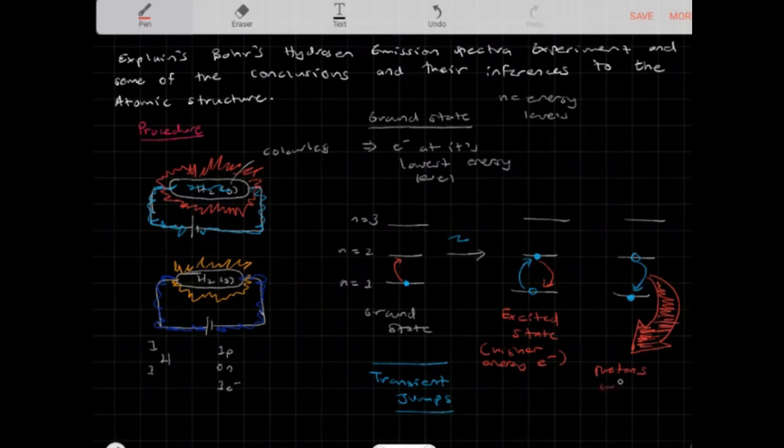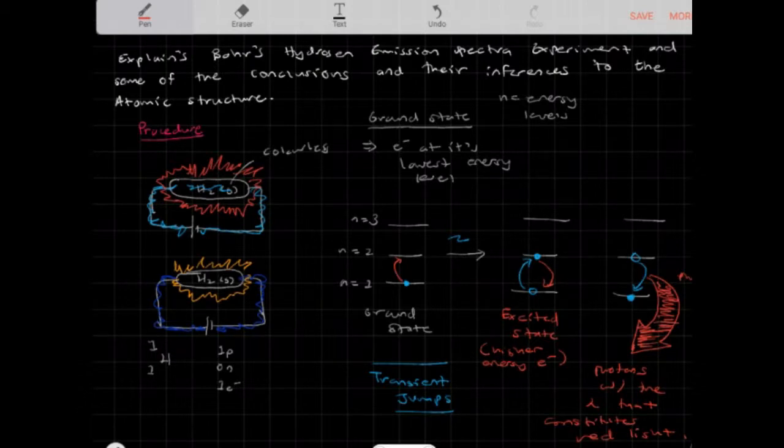So photons with the wavelength that constitutes red light, right? So we see it as red light because these are photons with this particular wavelength and frequency that's consistent with the red portion of the visible light spectrum, right? So these are the energies now released as photons, okay?